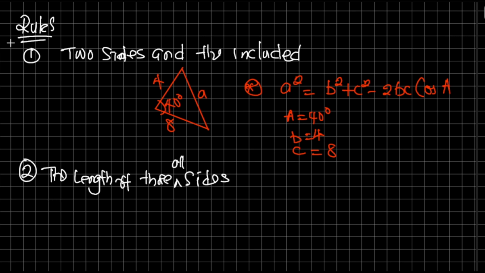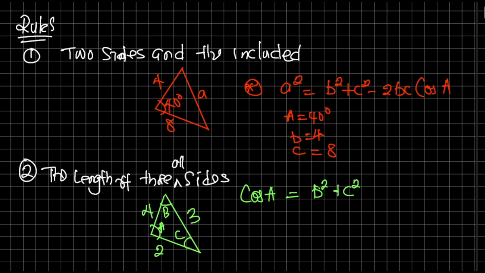That means we have the triangle this way, and let's say you have sides 2, 3, 4, opposite A, B, C. You can use the cosine rule here to find any of the angles. Let's say you want to find cos A, for instance. Cos A equals B squared plus C squared minus A squared all over 2BC. And then you can find any of the angles.